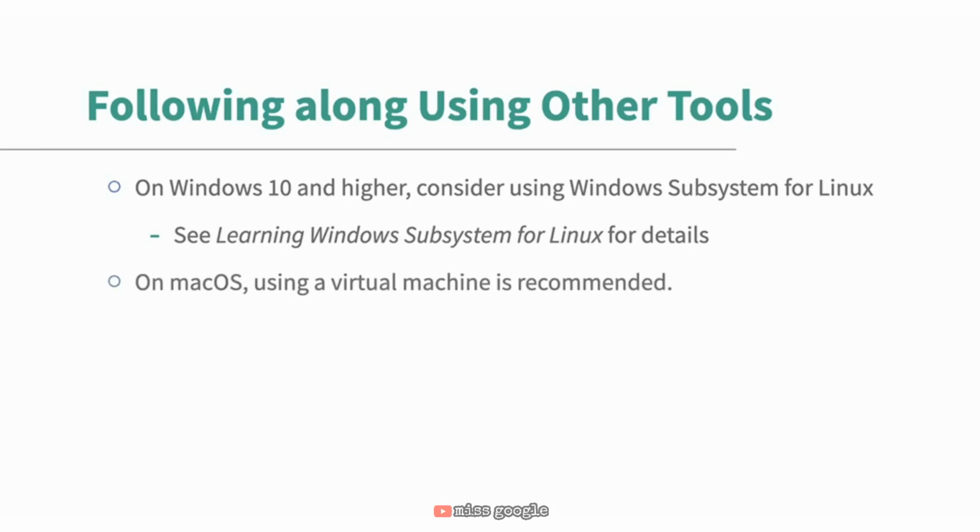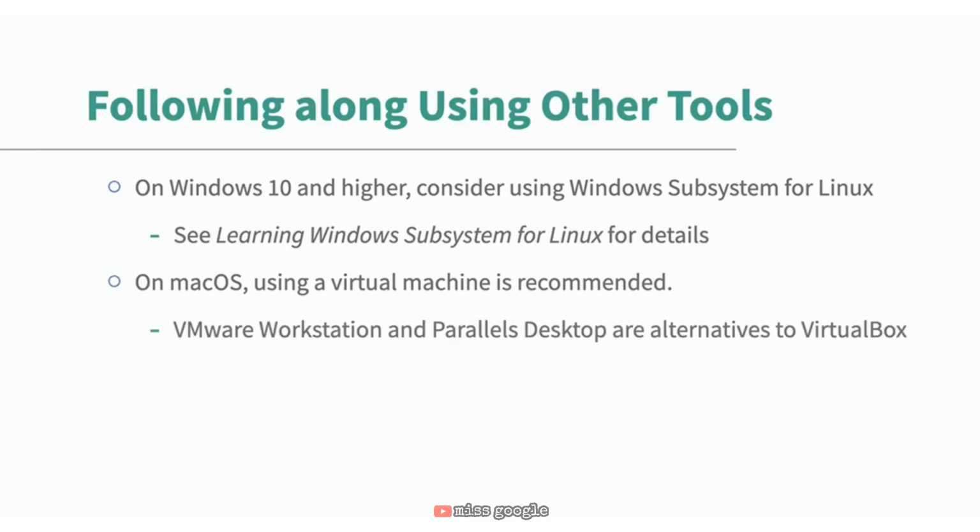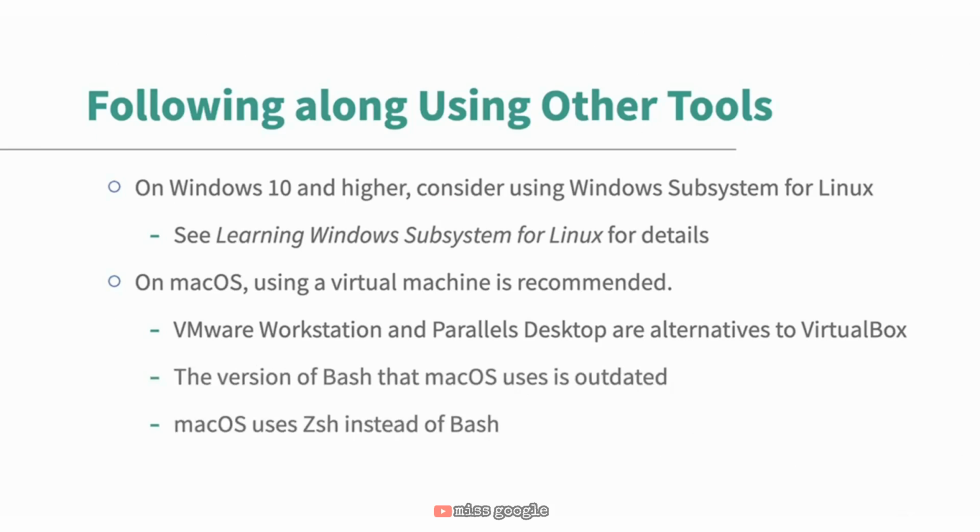If you're following along on a Mac, I would recommend that you create a virtual machine either with VirtualBox or with another virtualization option, like VMware Workstation or Parallels. The Mac does come with Bash, but it's a very old version, and it's not guaranteed to be available in the future. The shell that macOS uses instead of Bash is called Z Shell, which is similar to Bash, but it's not the same.